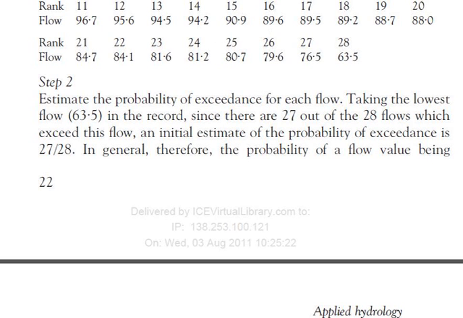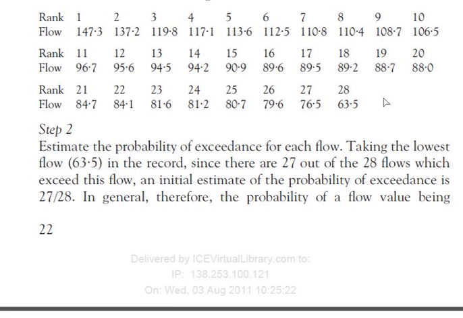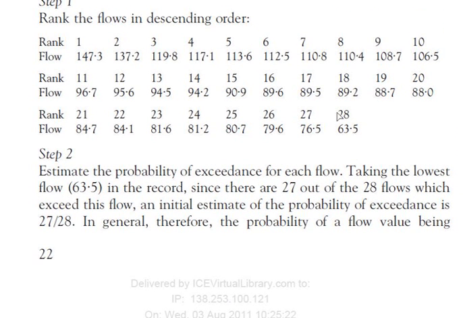So the method is worked through here. We take the lowest flow, which is 63.5, and then we see that of our data set, 27 of the 28 possible flows are clearly greater than this, because this is the lowest one. So all of these exceed that flow. So the initial estimate of the probability of exceedance is 27 over 28.